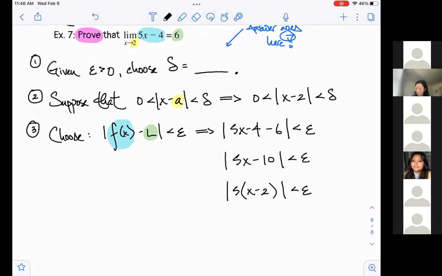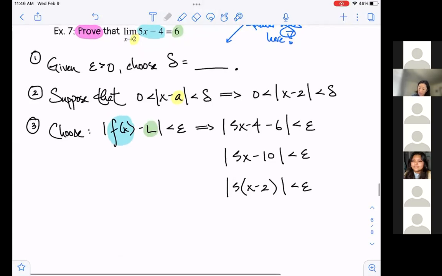Now, let me ask you a side question. Is this equal to this? Yeah, it is indeed equal.